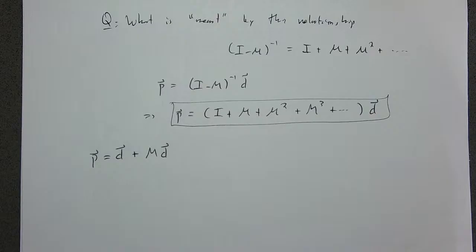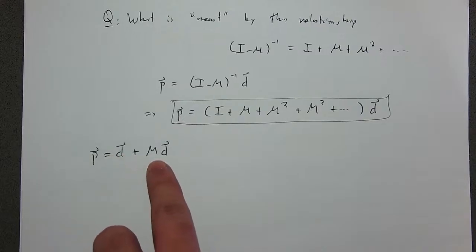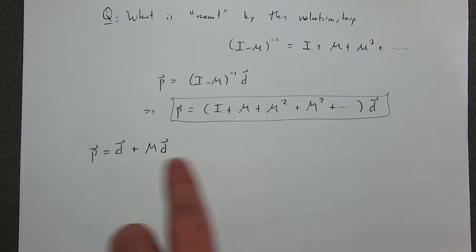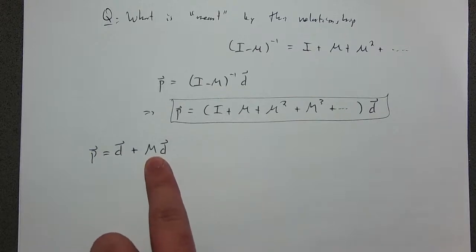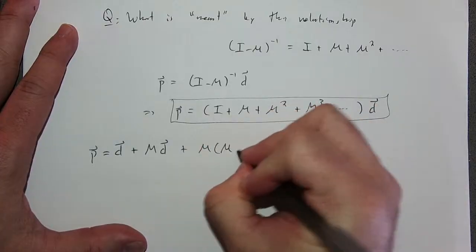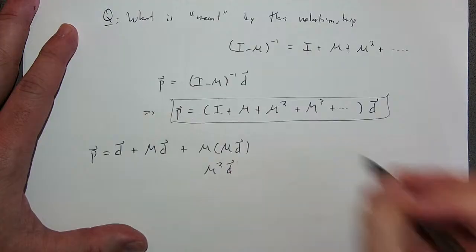But maybe you say, well, I don't need to just feed external demand and some amount of internal demand. I need to feed the internal demand that feeds this previous internal demand, which is m times d, which of course is just m squared times d.